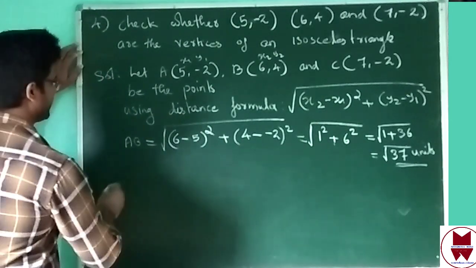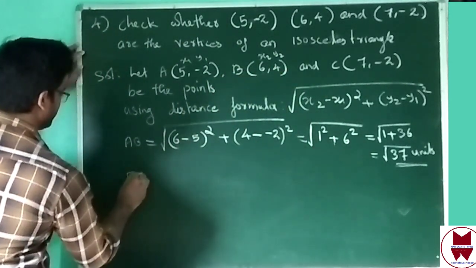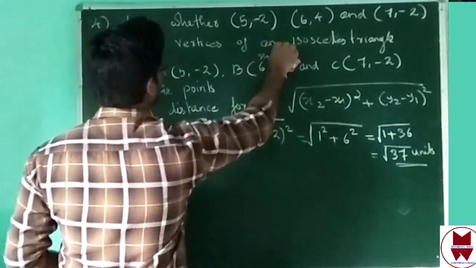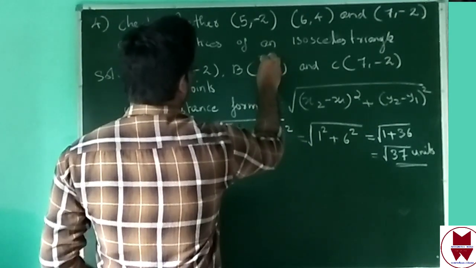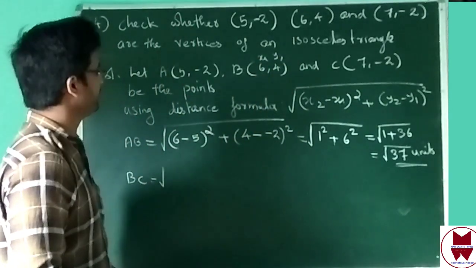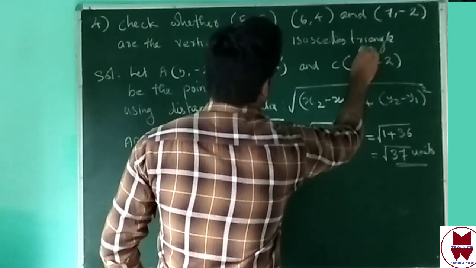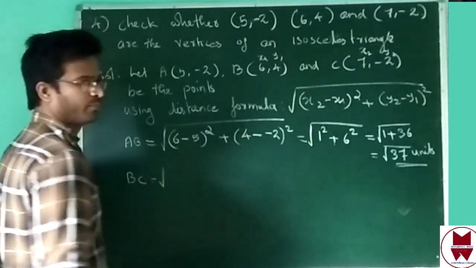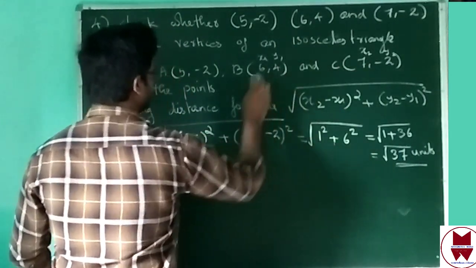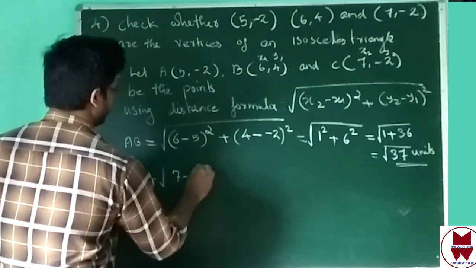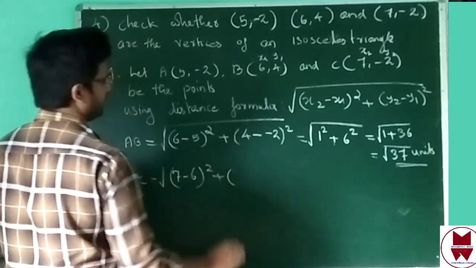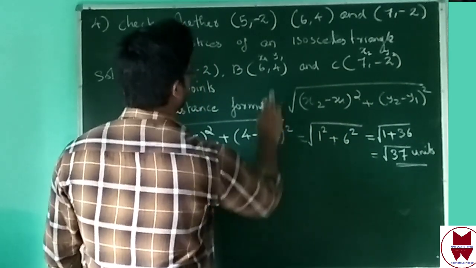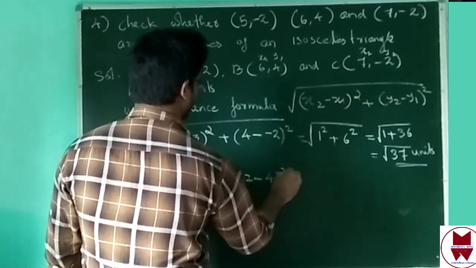Then find the distance between B and C. BC: square root of x1, y1. Consider B and C. Then this will be x1, y1 and this is x2, y2. Use the same formula: x2 minus x1, 7 minus 6. Then y2 minus y1: y2 is minus 2 minus y1 is 4 square.